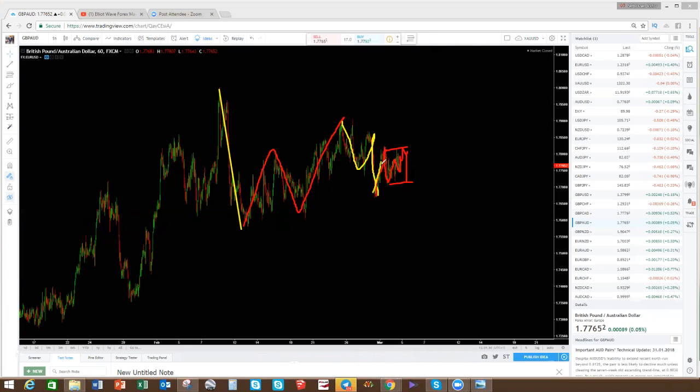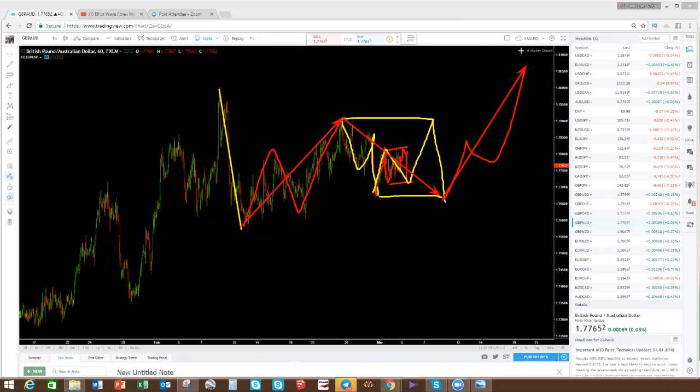And then this will be a 1, this will be a 2, this will be a 3, a regular flat. And if it gives you a regular flat, it means you are going to get another 3-wave move up. Right, so it looks a bit complicated. Go and watch it over and over again on the video. All right, so it's a simple impulse and impulse, 1, 2, 3, and then only then we're going to get the yellow move to the downside.